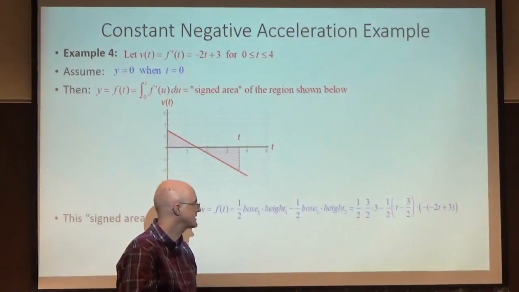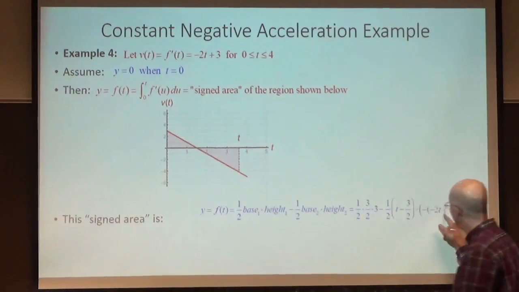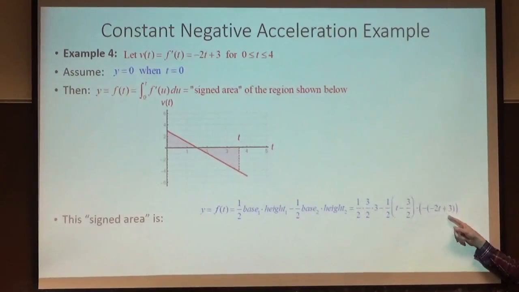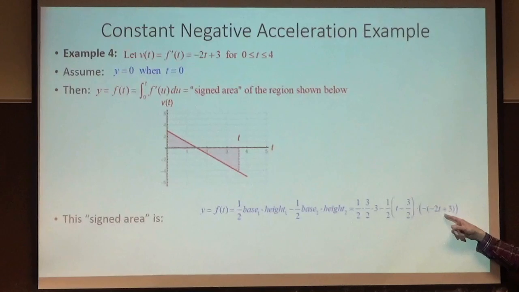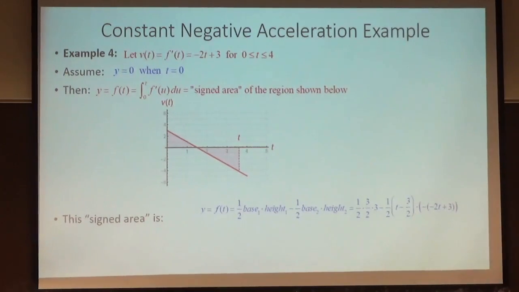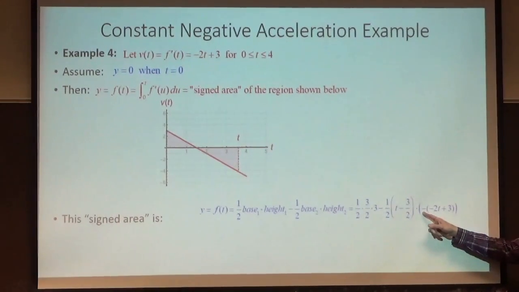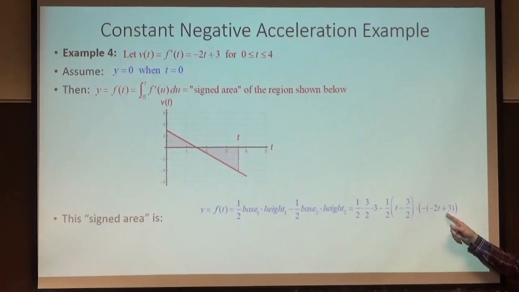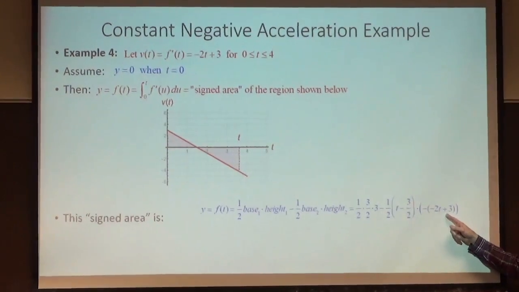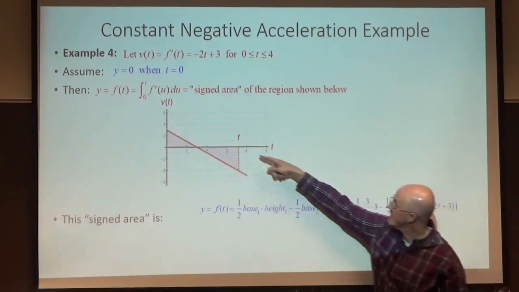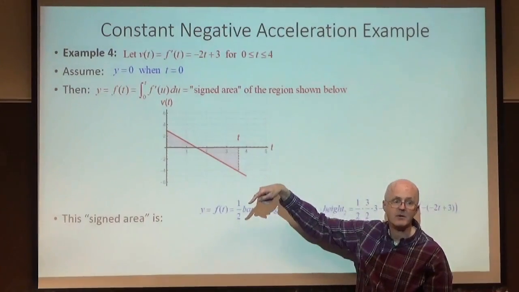And height 2, that's the trickiest part, is the opposite of the function. The opposite of the velocity. Negative 2t plus 3 is negative when t is bigger than 1.5. So to make it a positive height, I need to put a negative sign in front of it. That's the trickiest part. This is now a positive quantity when t is bigger than 1.5. And it's this height that you see right here as a positive number.